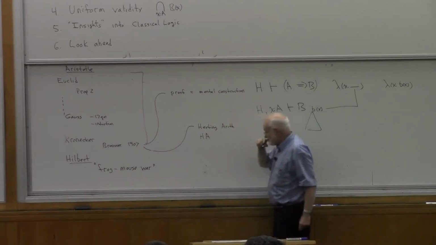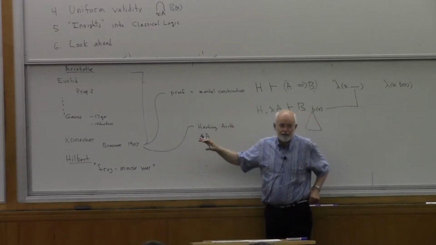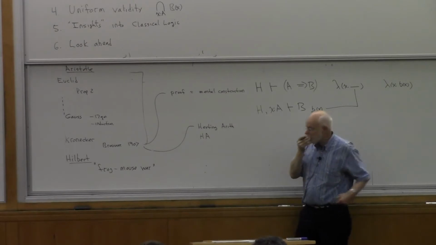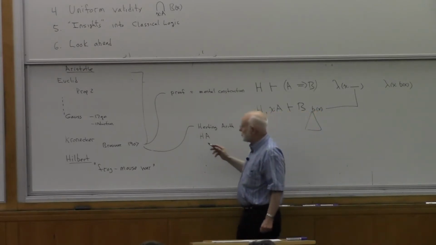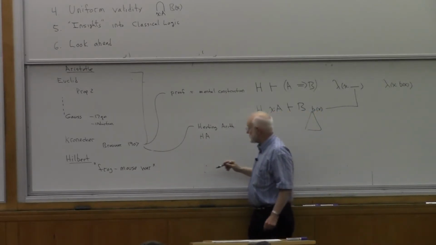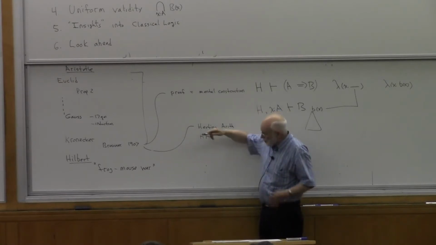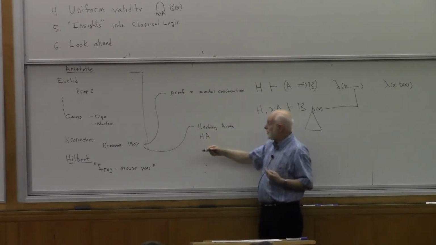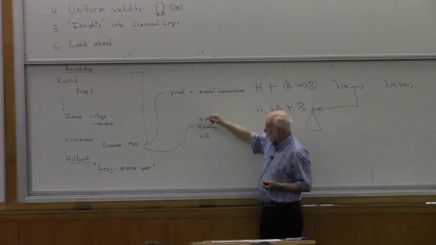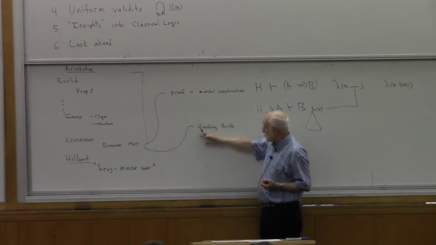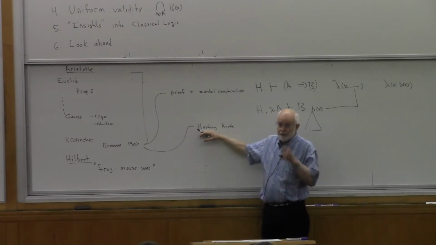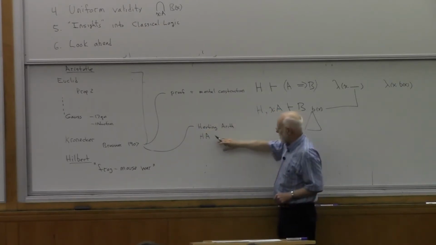And this inspired Kleene, who was one of Alonzo Church's most productive students. And Church was very interested in what Brouwer was doing. So Kleene went off to learn intuitionism from Heiting in Amsterdam.